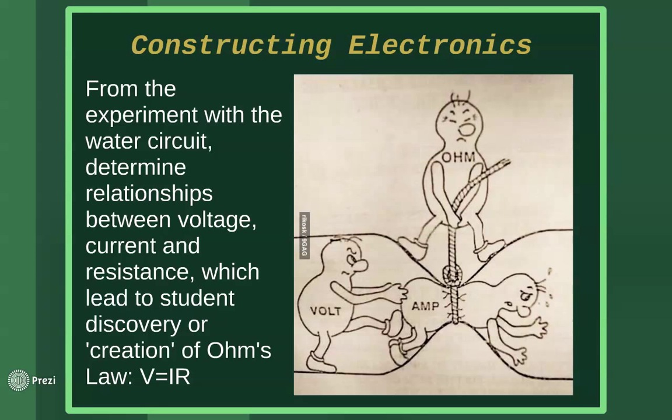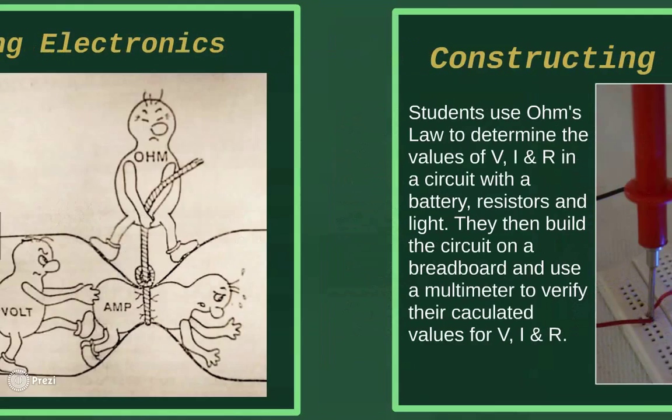Well, what students eventually create is Ohm's Law, the first theory of electronics, that is, that voltage is proportional to the current times the resistance. Before moving any further, we fully contemplate this equation, checking that it truly represents each phenomenon we observed in our experiment. It's not just some abstract equation to remember, but a simple combination of symbols to represent what we observe and understand to be true.